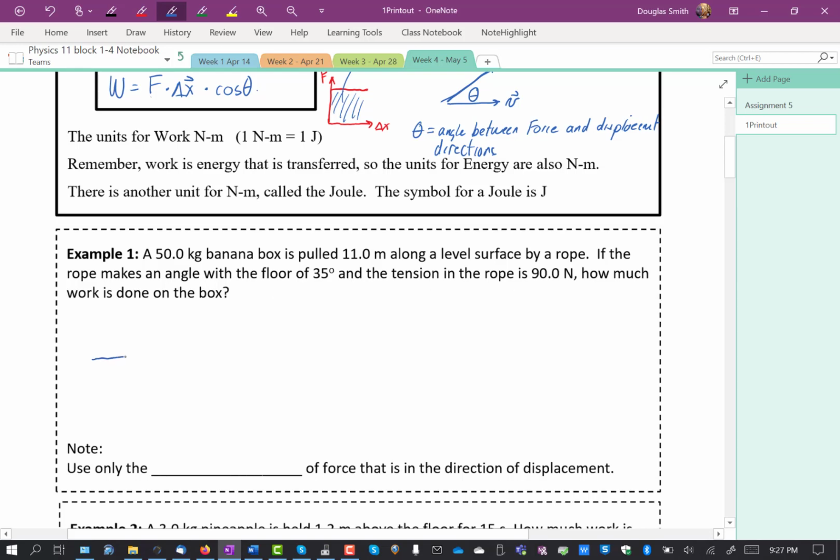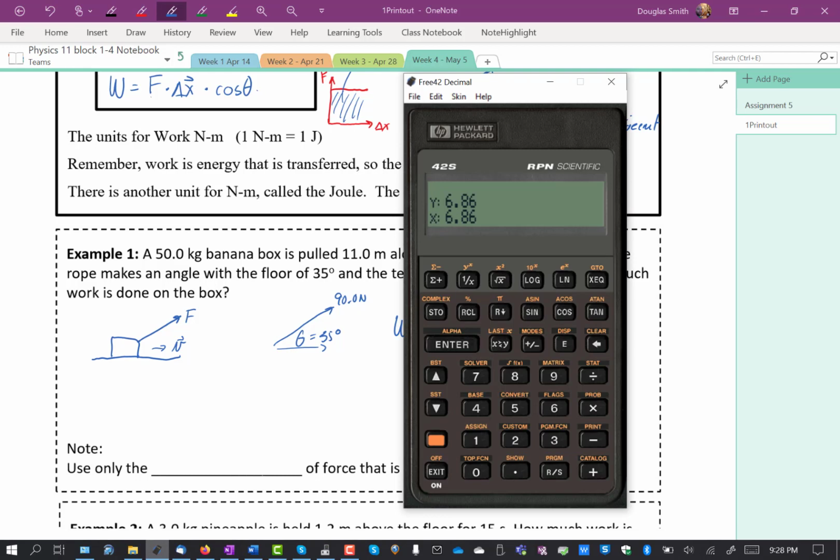So we could do a little diagram here. Here's our box, there's a force, and it's moving this direction. So we have 90 newtons, that's displacement, that's 35 degrees. So we have work, force times displacement times cos theta, so it's 90 times 11 times cos 35.